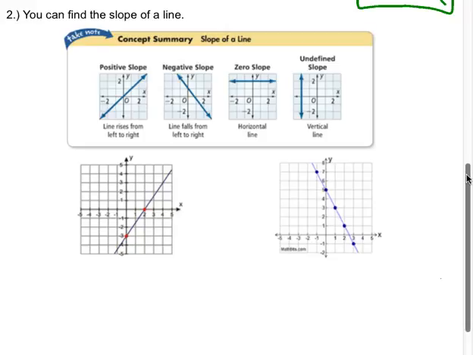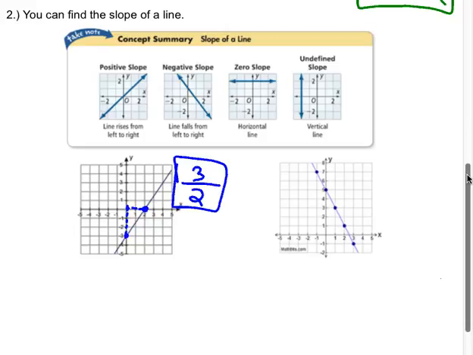If I have 2 points here, you can see those 2 points right there. You can pick any 2 points on the line. And then you can find the rise, which is 3, and the run, which is 2. So that line has a slope of 3/2.